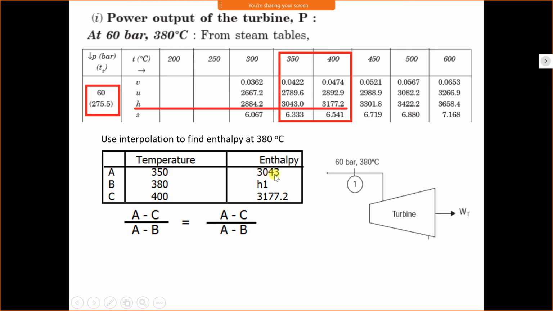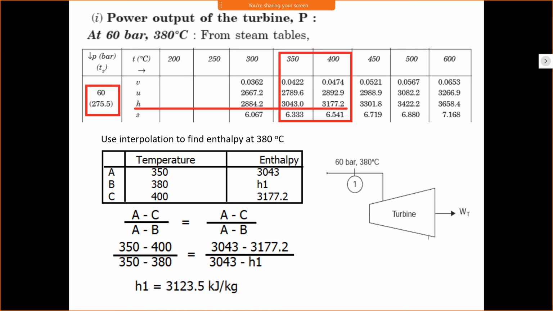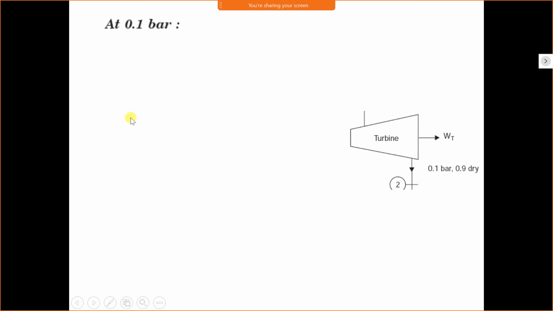Enthalpy at point A is 3043 minus C, that is 3177.2, again A 3043 minus B, that is H1. Here only H1 is unknown, remaining terms are known to us, therefore we can calculate H1, and we got H1 as 3123.5 kilojoule per kg.